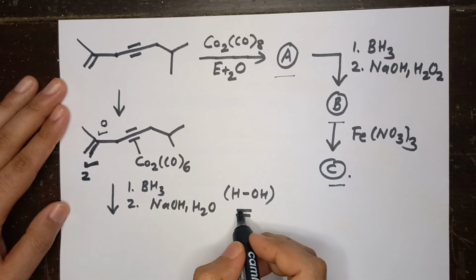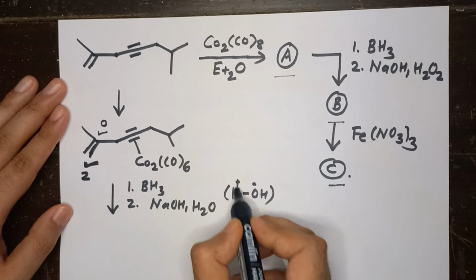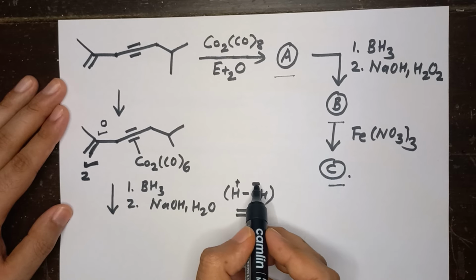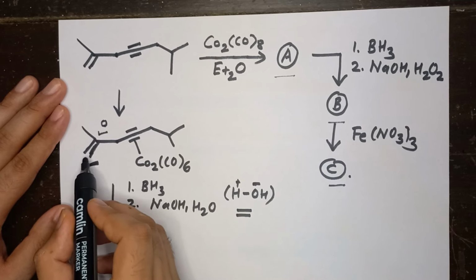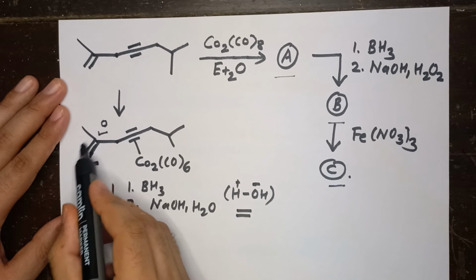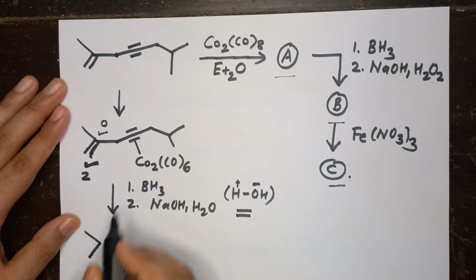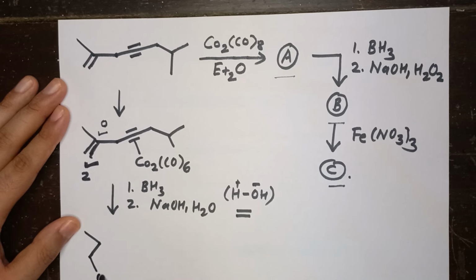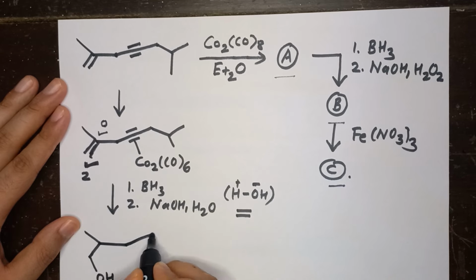So anti-Markovnikov rule says add the negative part of the molecule. So this is water, this is a negative part, this is a positive part. So I'm going to add my negative part to the carbon containing more hydrogens. So this will give me, and you have to remove this double bond. So I'm adding my OH negative part to the carbon which has 2 hydrogen, that is more hydrogens. Okay, and 1 hydrogen is added here. And this is still protected.